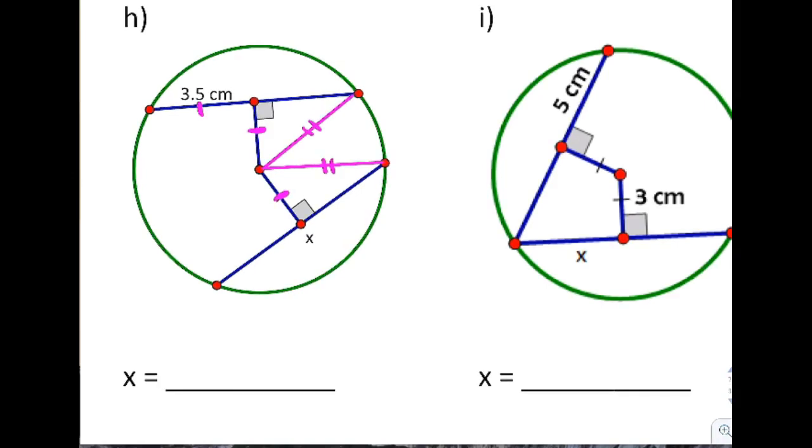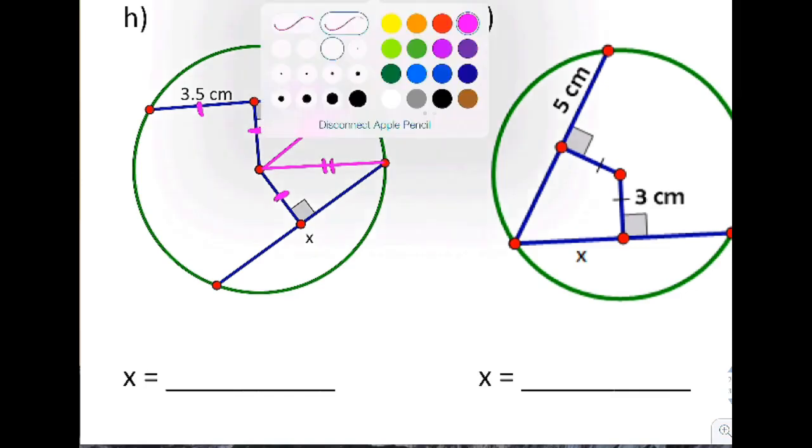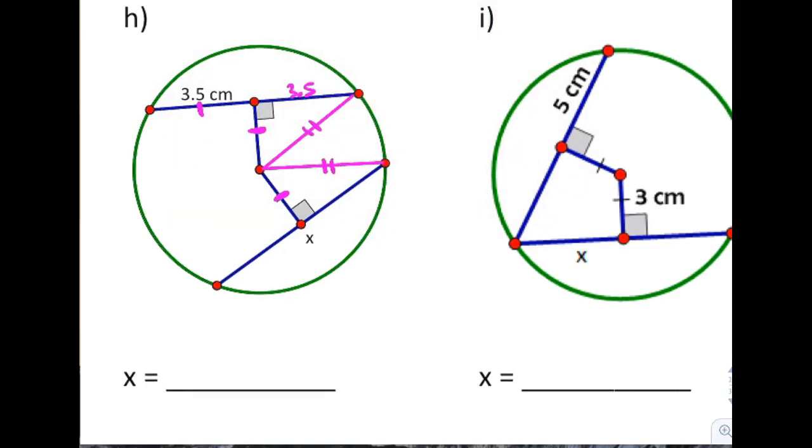And we know that that's the same as this because of what we learned in class today. And because of hypotenuse leg, bringing something back from the past, that means that this side and this side have to be the same. So that's 3.5, which makes that 3.5, which makes the total of the entire x 7.